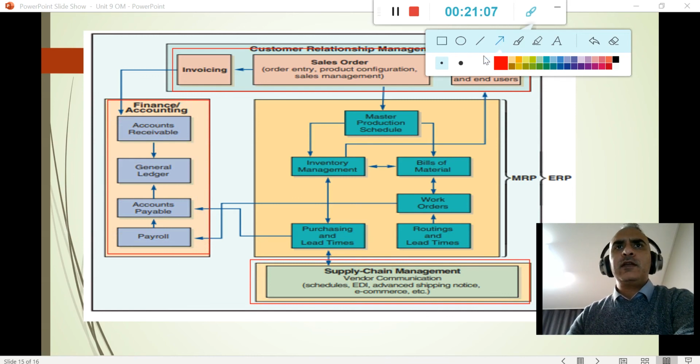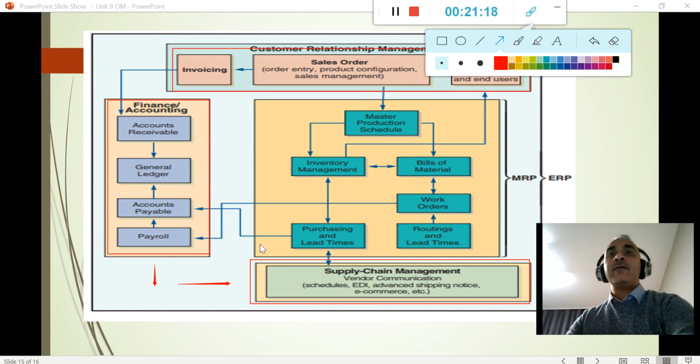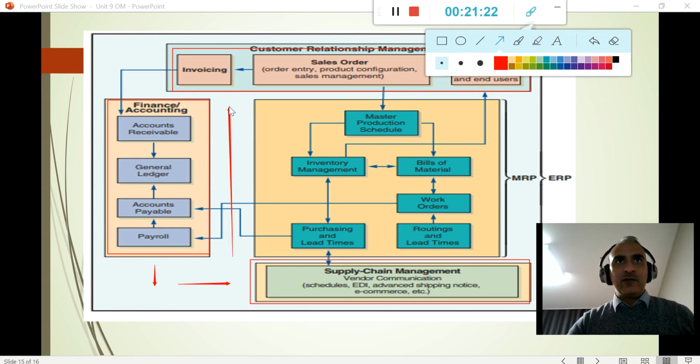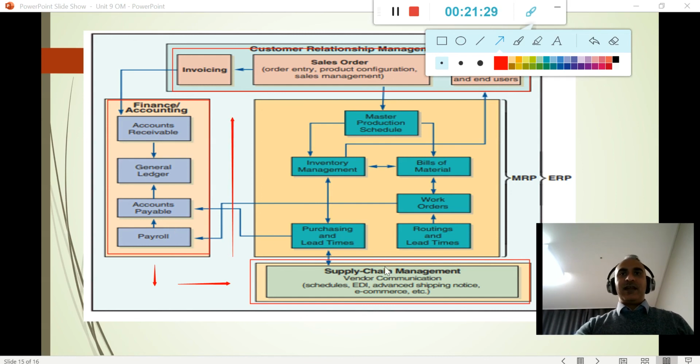It's a cycle. We cannot just exclude one from the other, because in this case, for example, if I need the supplies, I need to ask finance whether I have money for purchasing what and when, because maybe this goes together with the demand. If I haven't sold my products, then I don't have money here. So then I cannot buy the supplies, or maybe I have to buy them on credit.